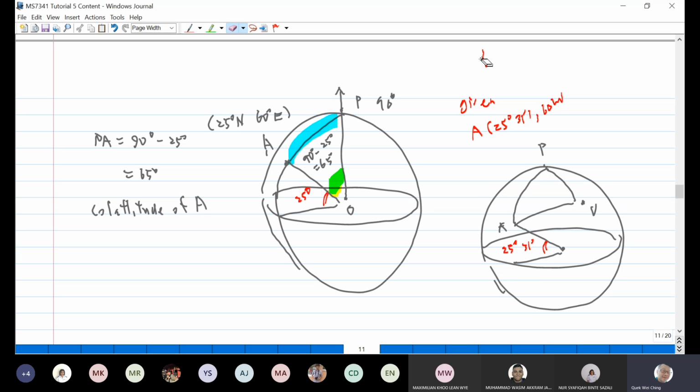Okay, now where is the location of V? This length here, we found by more calculation, VP is 56 degrees 48 minutes.